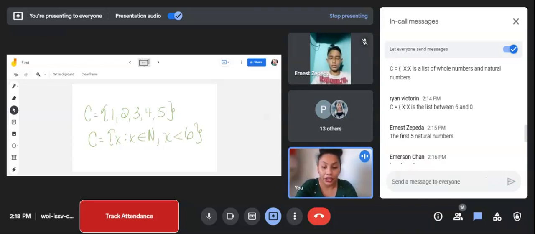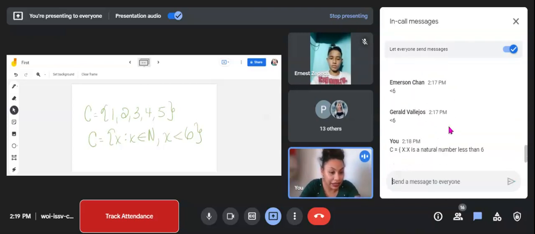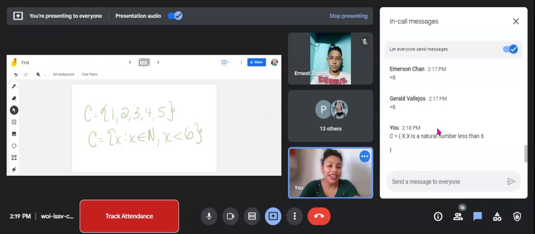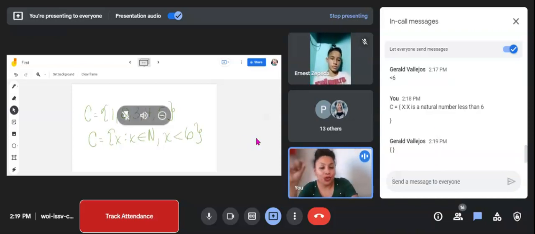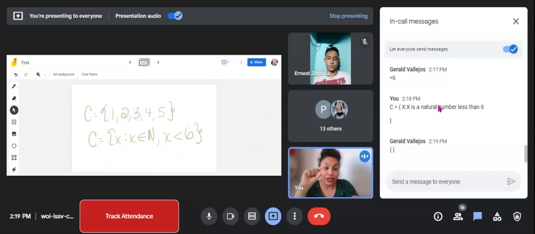I don't find my curly brackets on my keyboard. Okay, I found it, but I already sent it. Anyways, curly brackets, there you go. So that would be how we would write it in Word. What I have on the screen and what I have in the chat is the same exact thing. Different ways of doing the same thing.